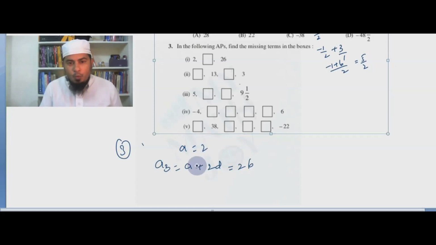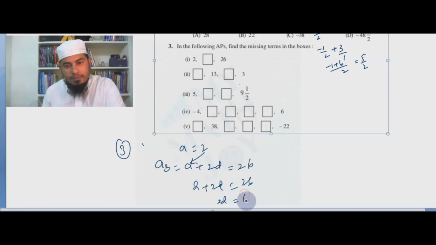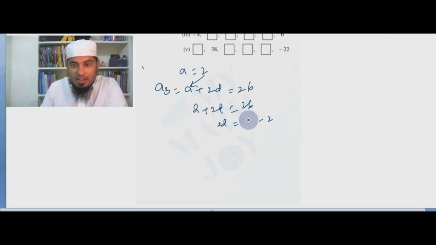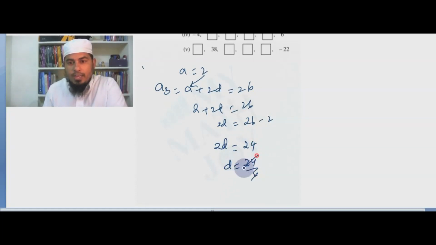So if we write the given in order, we'll get a clue what technique to use. So I got the a value. If I substitute the a value here, I'll get the d value. Sorry, I made a mistake here, I wrote 26 as 62. 26. So 2d is 24, d is 24 over 2, cancelling to get 12.